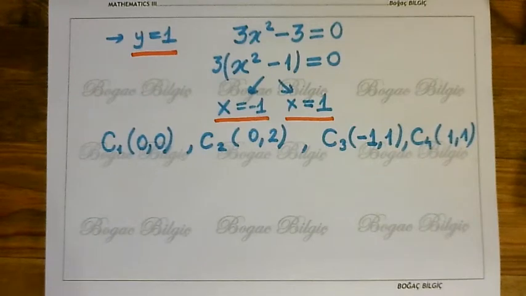Next, we use the second derivative test to determine the nature of each of these critical points.